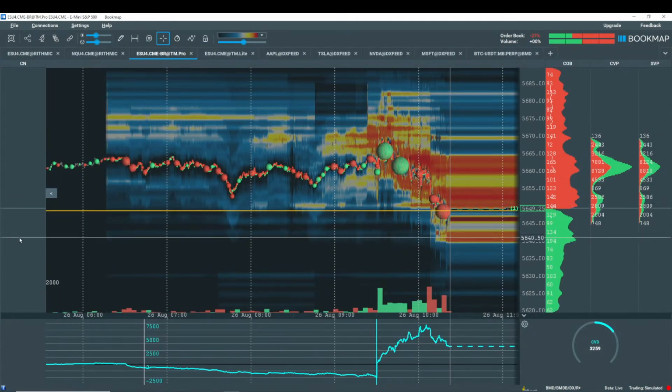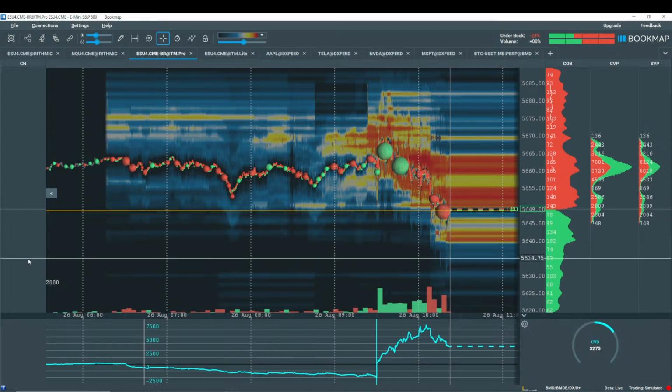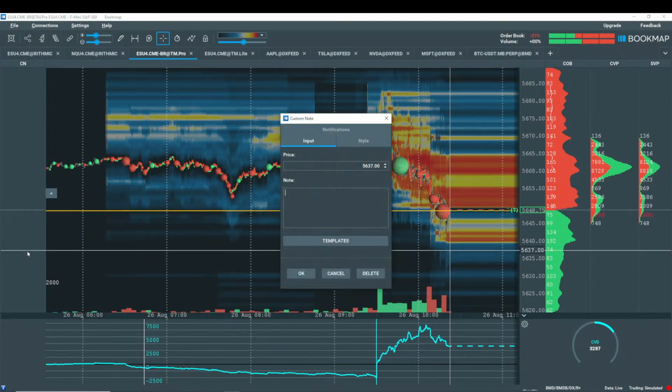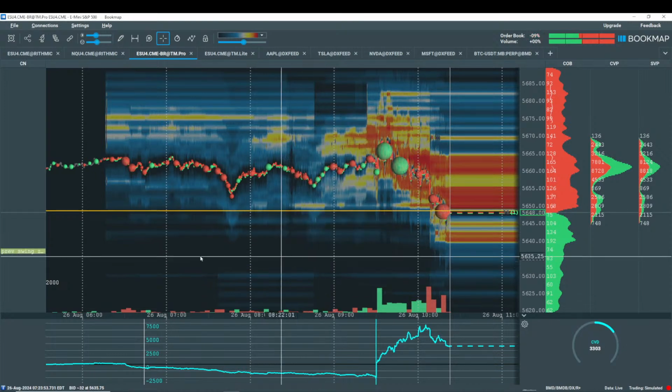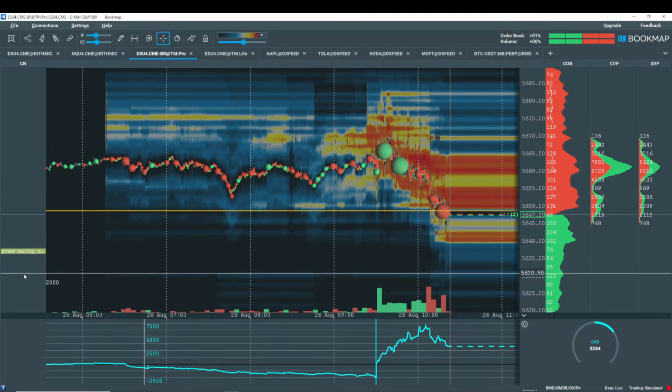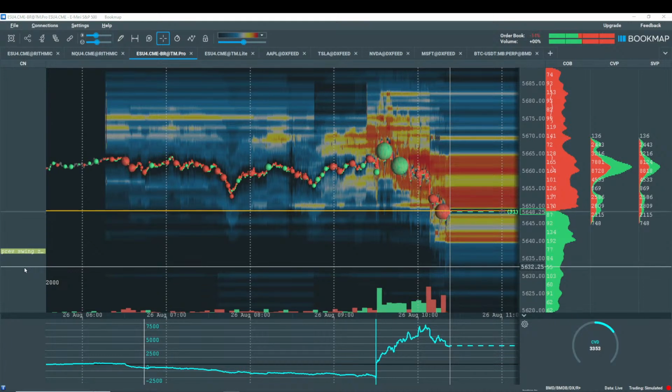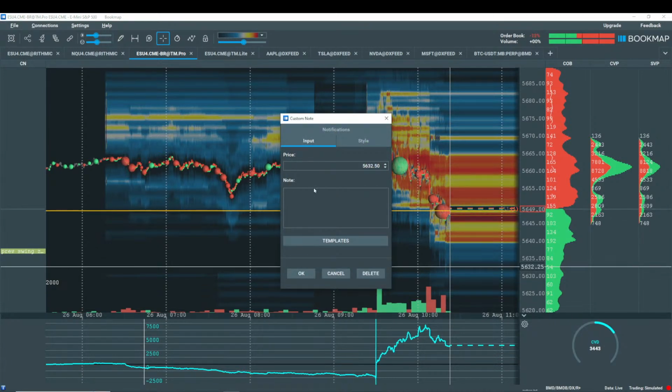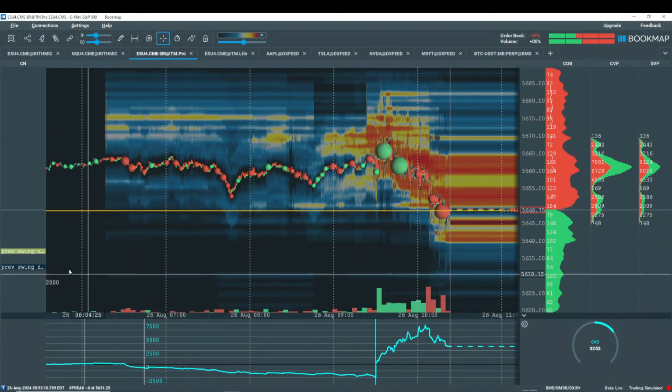Okay. And the note will be previous swing zone down to 32. All right, something like that. Keep an eye out.